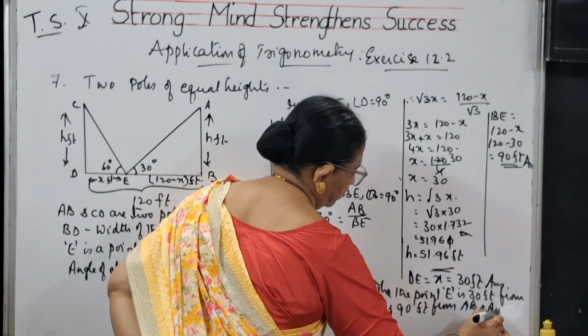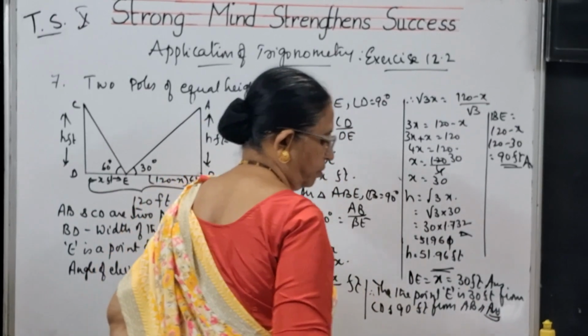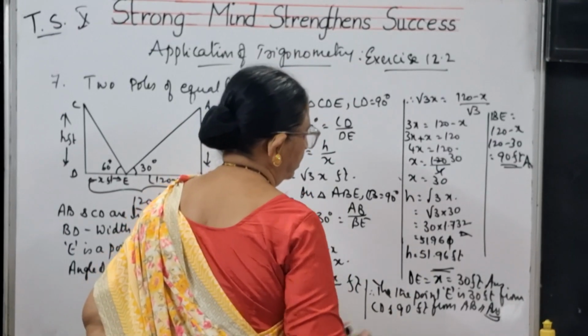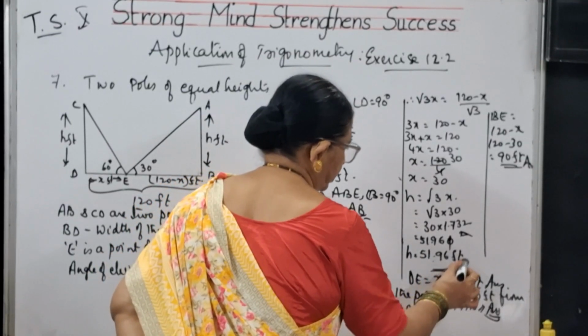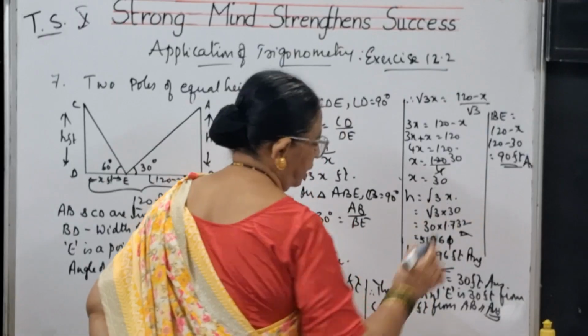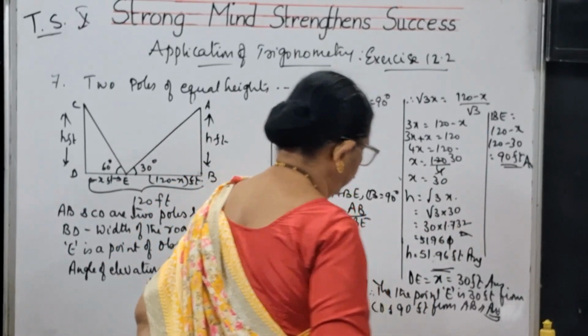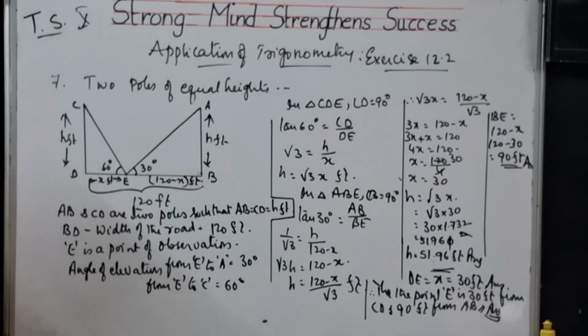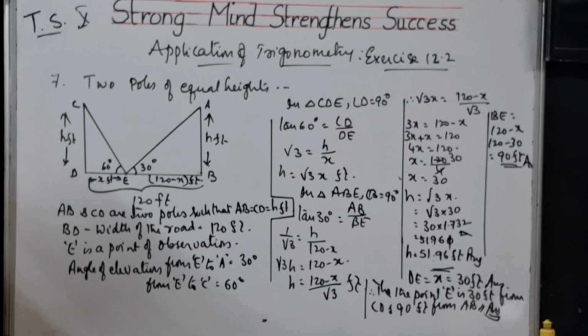This is the answer, children. So height is one answer. Where is the height we have got? This is the height of the pole. This is one answer, and the DE and BE values are another answer. This is the solution of the 7th problem. Please go through it.